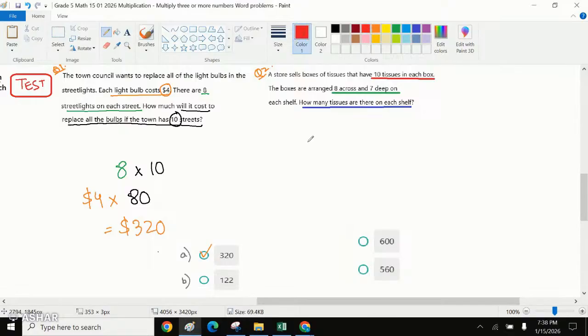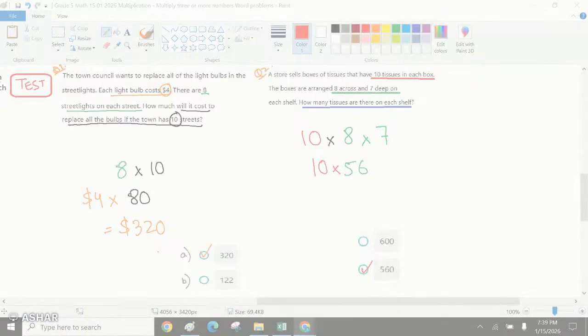Thank you for the answer. 10 multiplied by, they were 8 across and 7 deep, boxes. So this is 56. 10 multiplied, and we know that whenever we multiply a number ending with a 0, we simply put down a 0. Let's click on the correct option. 560, that's correct.